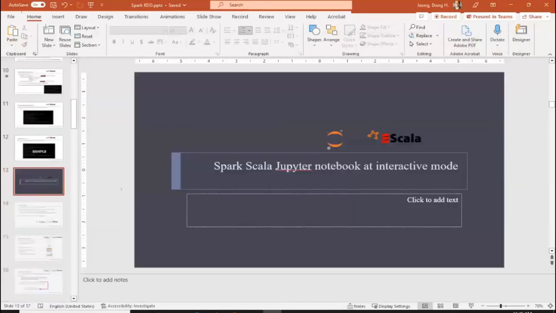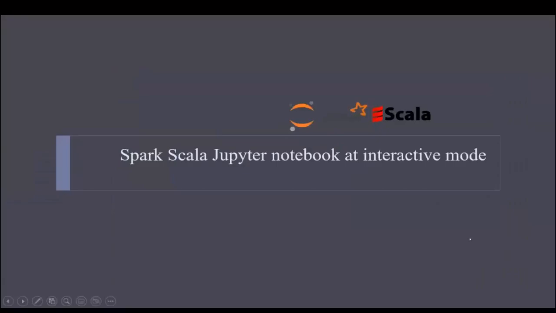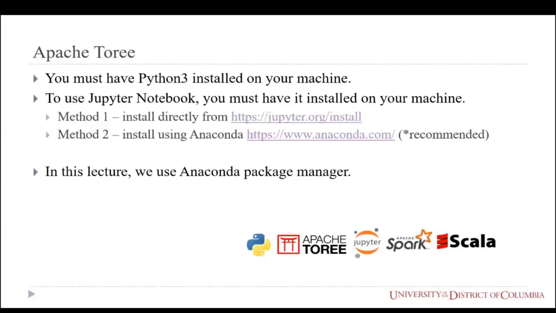The second step is somewhat more complicated, especially if you're using Windows and the Mac also, because we are trying to set up additional components. So interactive mode means we are trying to support interactive data analysis, right? In this case, we are trying to connect Apache Spark to Jupyter Notebook, okay?